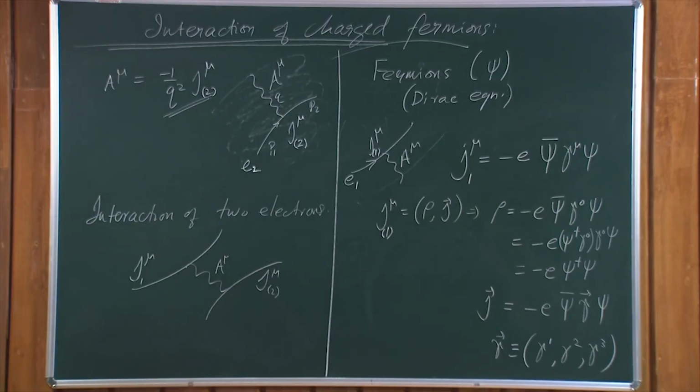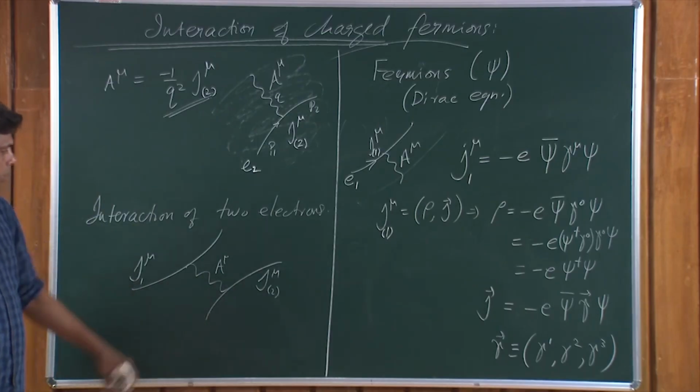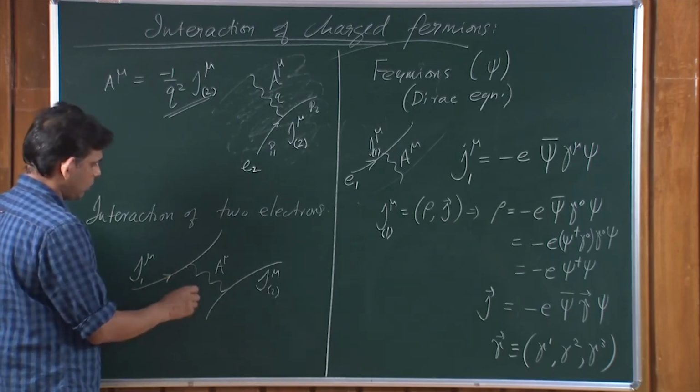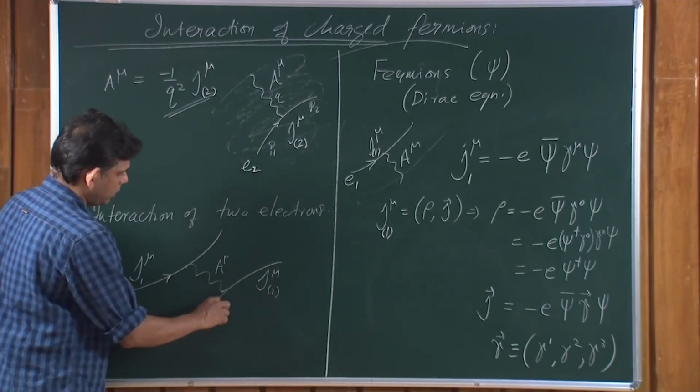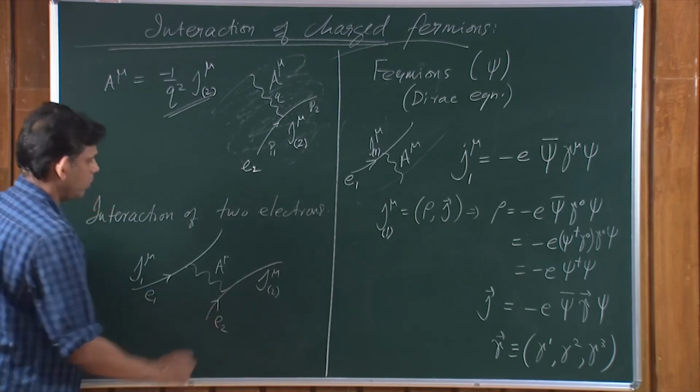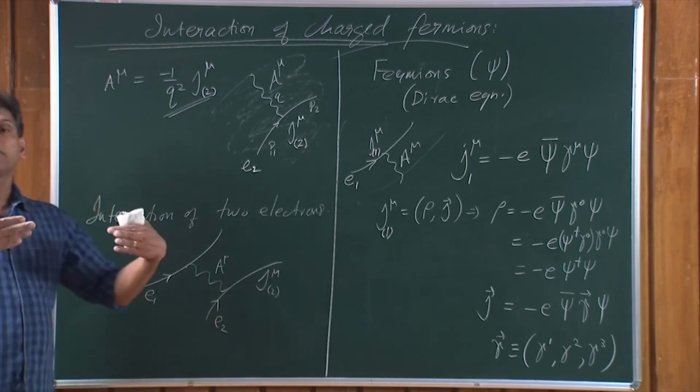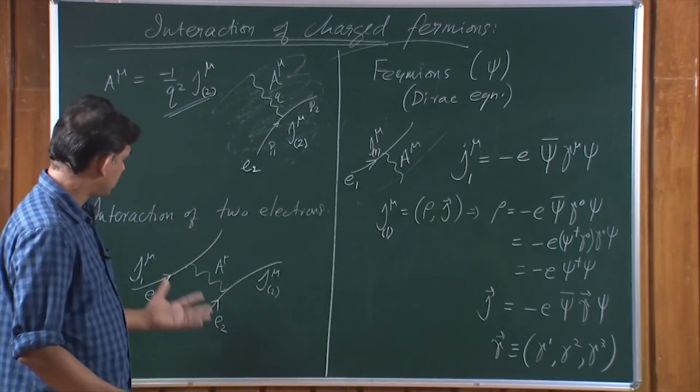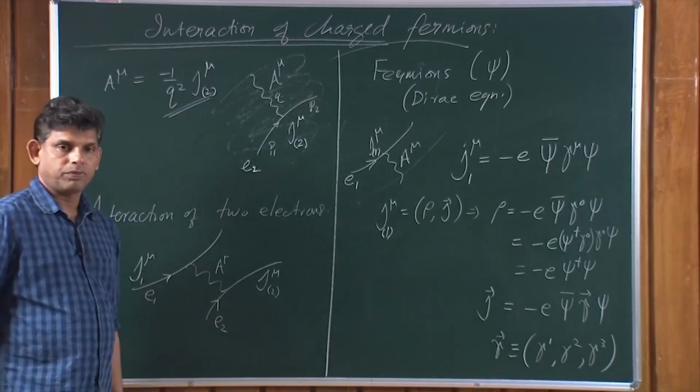Okay. So, this is a good picture to keep in mind. Two electrons, say electron 1 and electron 2, interacting with each other can be represented by such a picture.